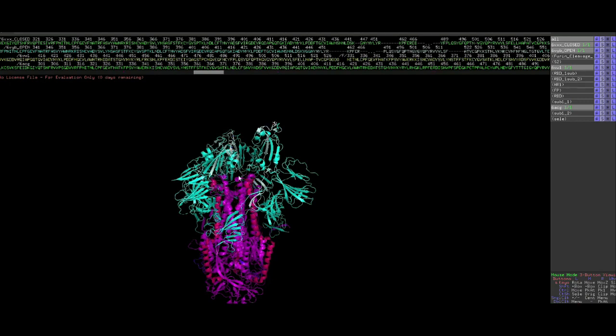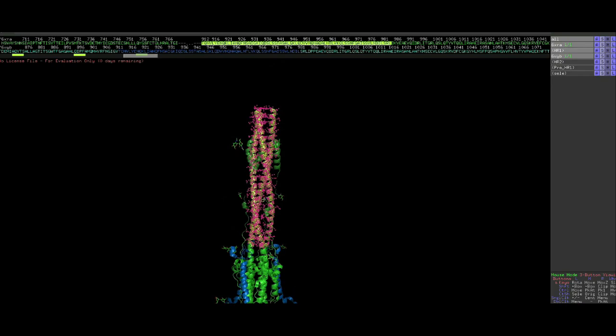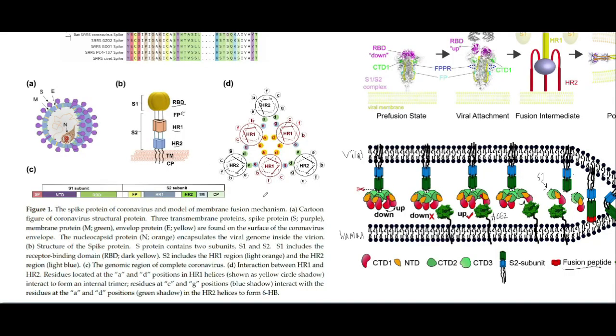And so we see once this cyan part comes off after being cleaved, then this part will stretch out and become this right here.